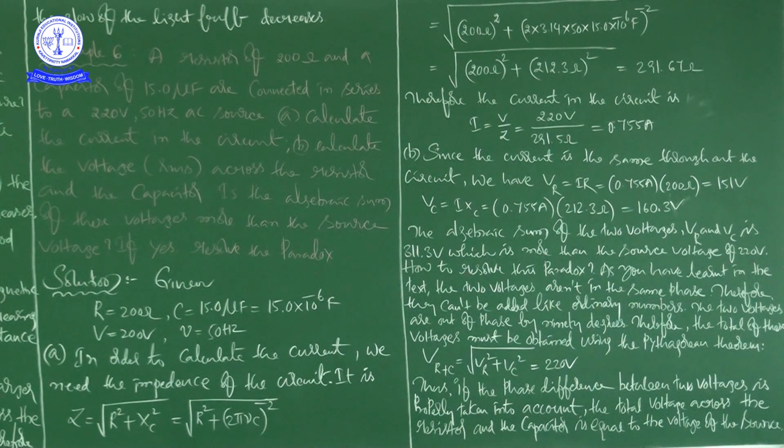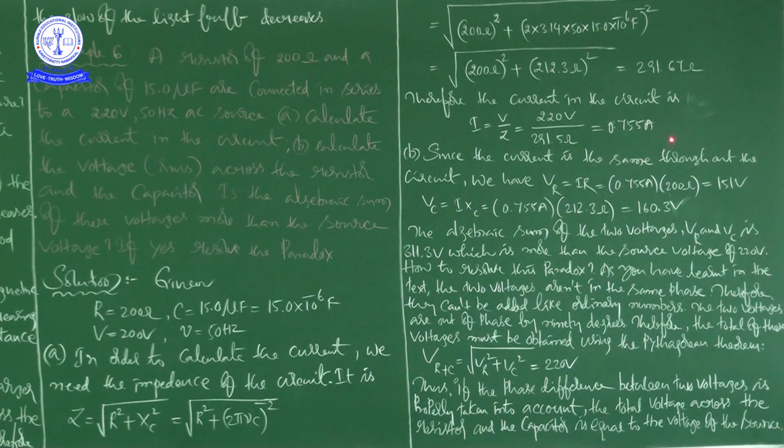Suppose if 3 are there, we have to take 3. We already know that, right? We discussed it in the theory. Because here we have only 2, resistor and capacitor, that's why we took only 2 here. Right, now I is equal to V, which is 220 volts given, divided by Z, which is 291.67. That is approximately 291.5, he has taken. Okay, right, no problem. And that is equal to 0.755 amperes.